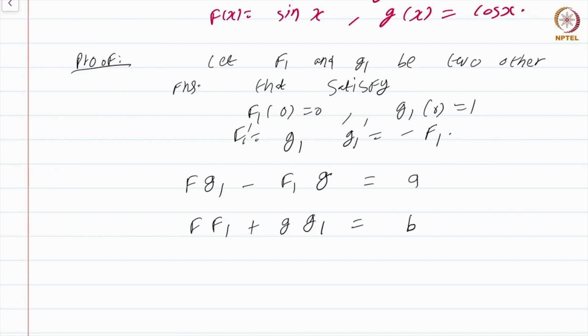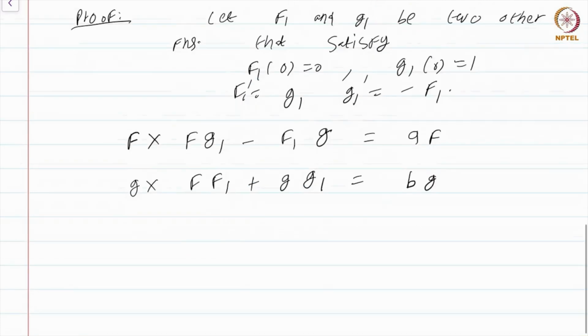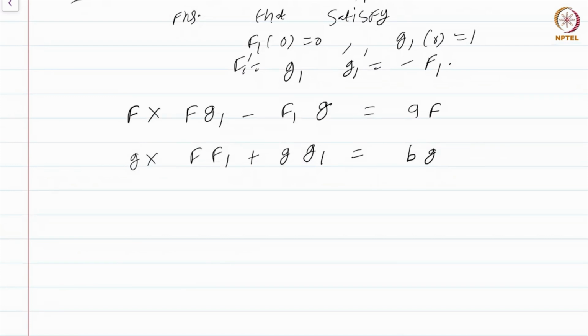Okay. Now what we do is we multiply the first equation by f, and we multiply the second equation by g. Then we subtract both equations.